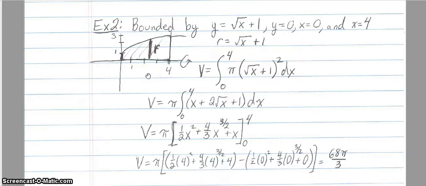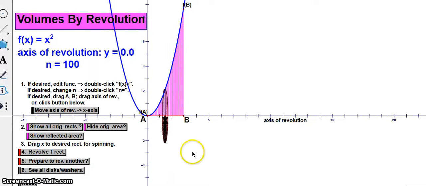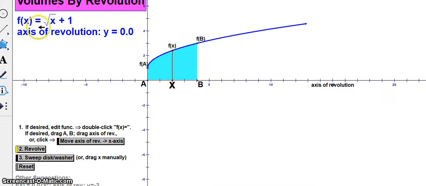We just need a visualization, or else it's going to be tough to figure out, without sketching it, what that radius is. Because again, we're putting it into the pi r squared.